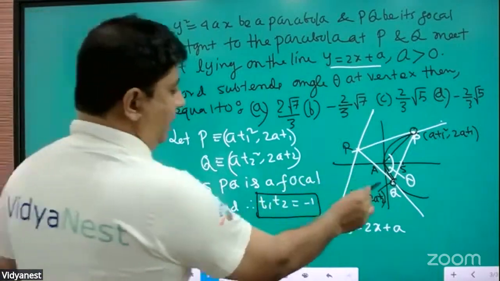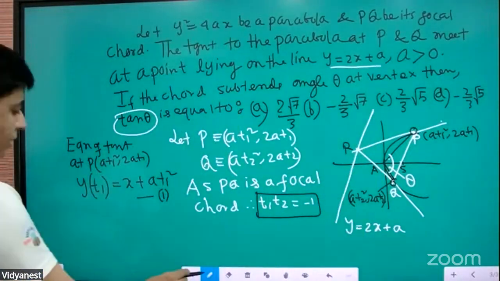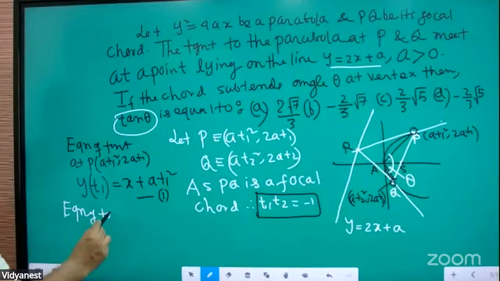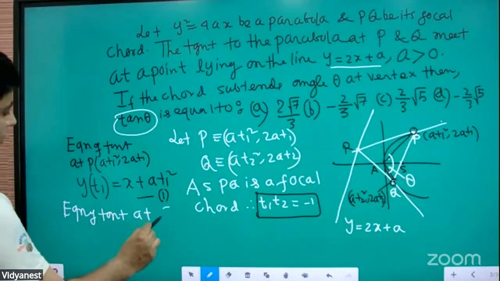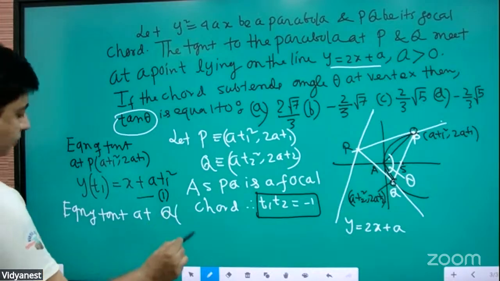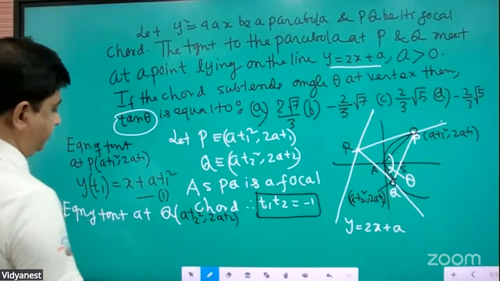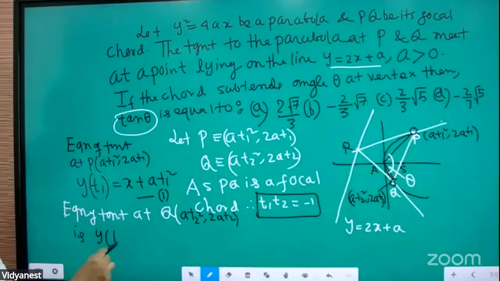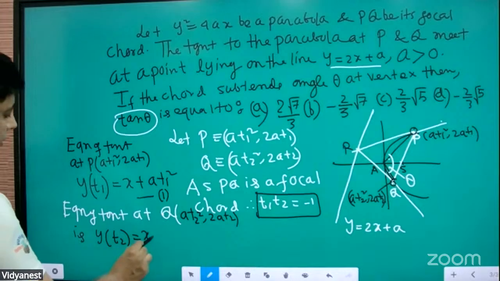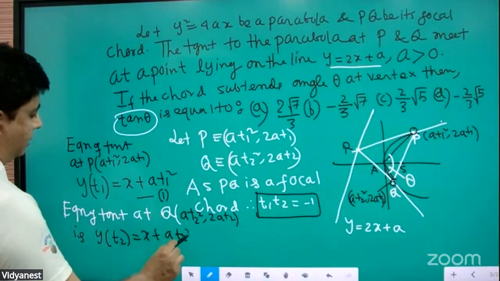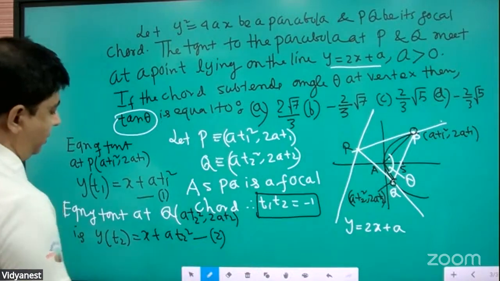And in the same manner, the equation of the tangent at Q, (a t2 square, 2a t2), is y t2 is equal to x plus a t2 square. This is equation number 2.